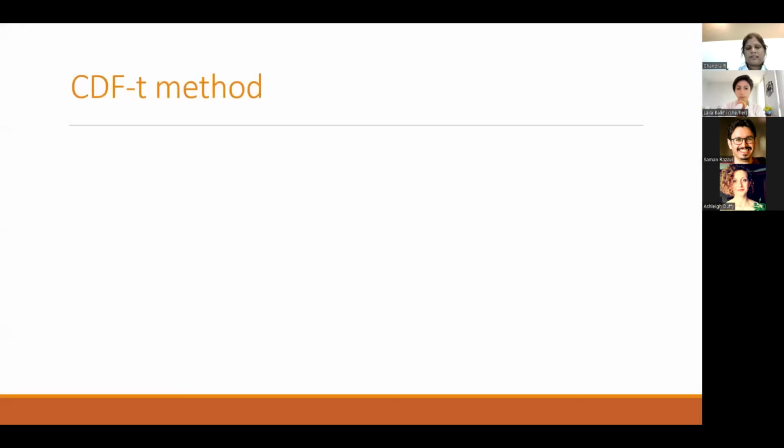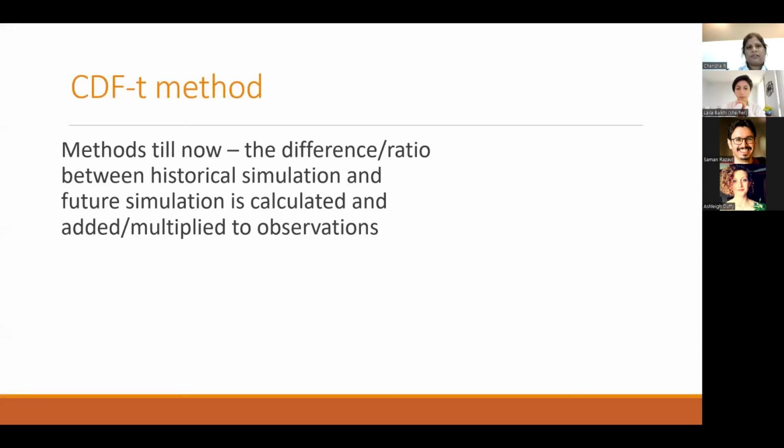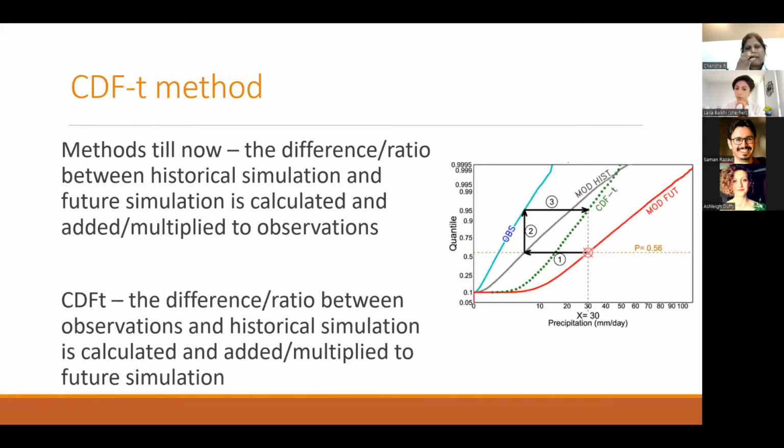The next is the CDFT method. In the methods till now, the difference or the ratio between the historical simulation and the future simulation is calculated, and that difference is added or multiplied to the observations, in simple terms.